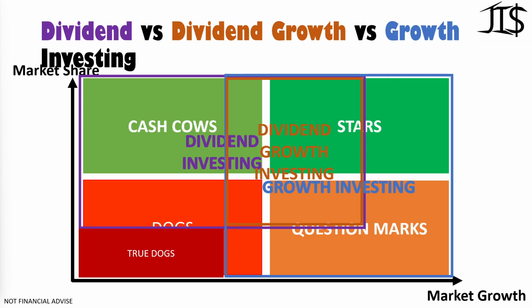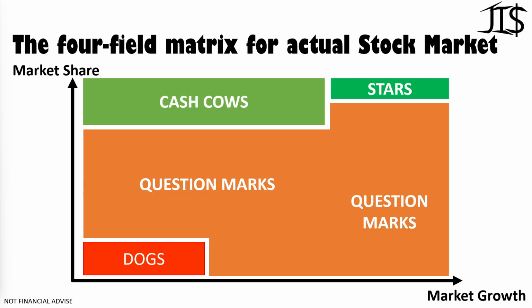But this is of course a schematical representation with each box having the same size. For me, the actual stock market looks more like this. You have a lot of question marks on the stock market, so that's why the market is always moving. You have the cash cows here, and you have more cash cows in fact than you have actual stars on the stock market. And then you have the dogs here, which you should be careful of because they can become bankrupt.